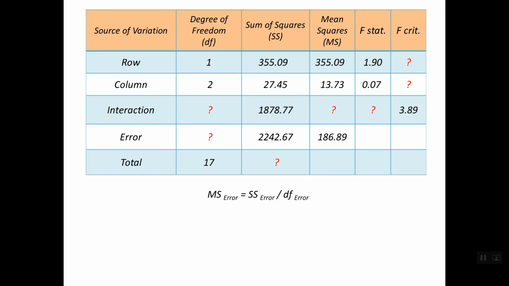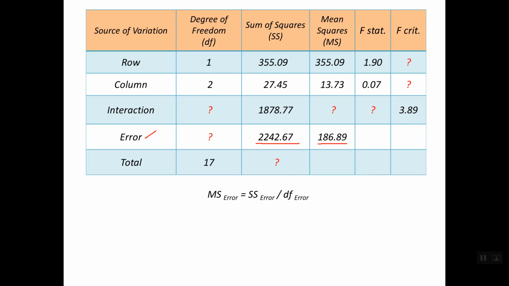Regarding the error, the degree of freedom for the error is missing, while the value of the SS is known, and the value of the mean square is already known. So we can take benefit from the formula for calculating the MS for the error.